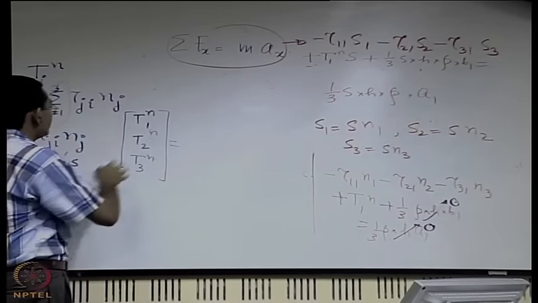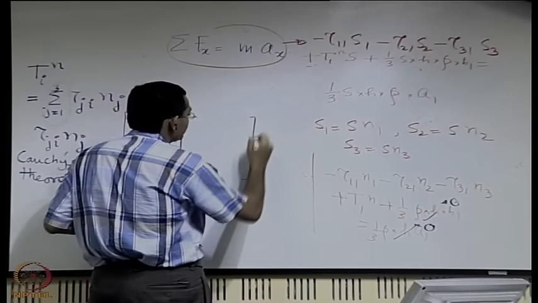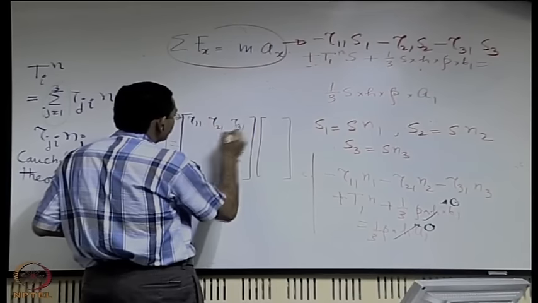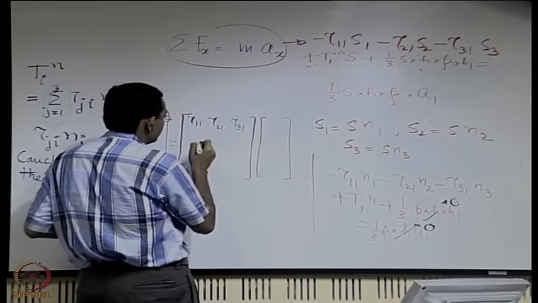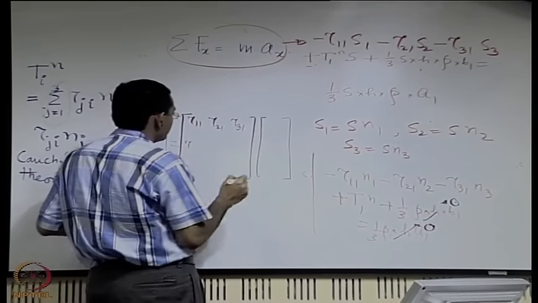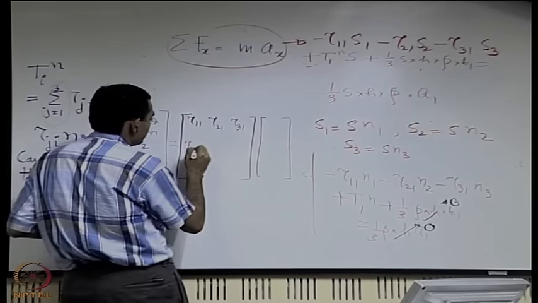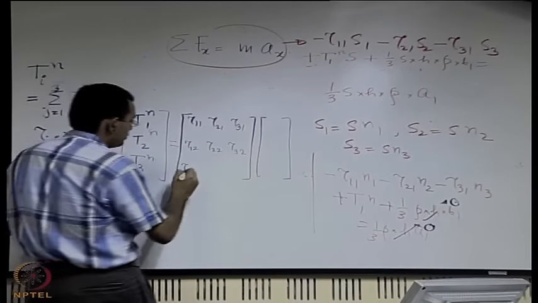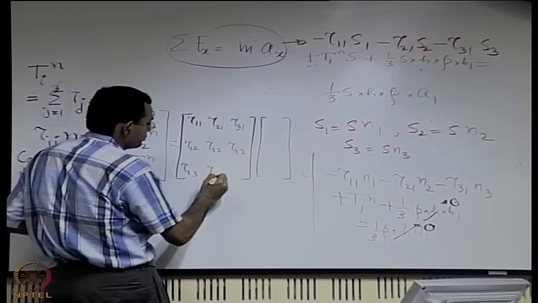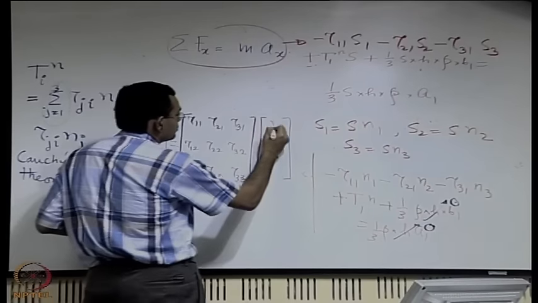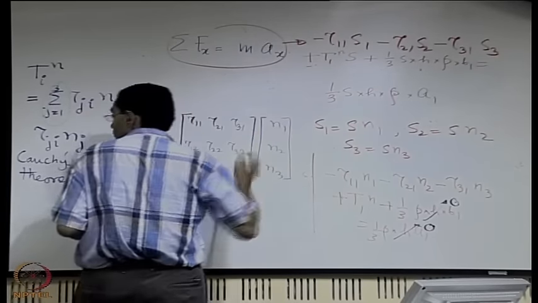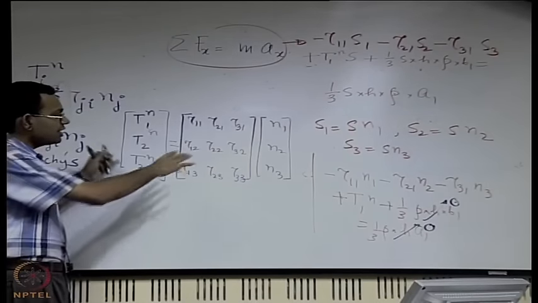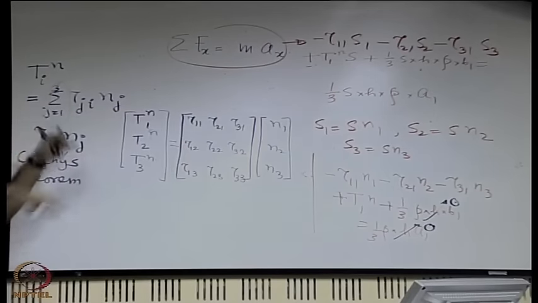If you just follow these expressions, you will see that this is nothing but a matrix way of writing the 3 components of the traction vector.